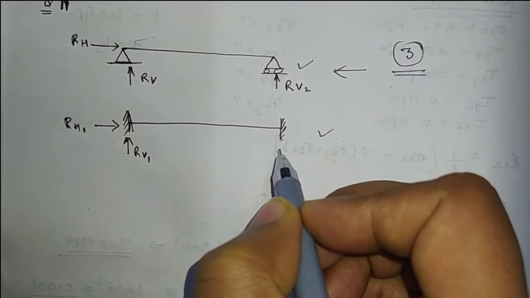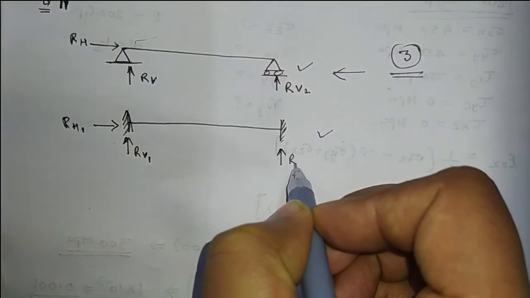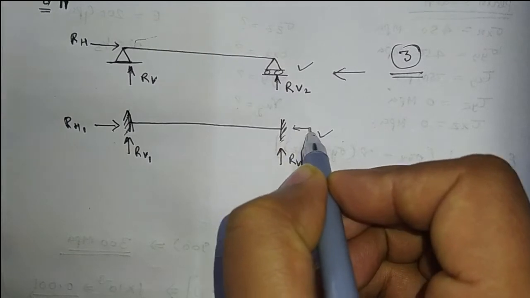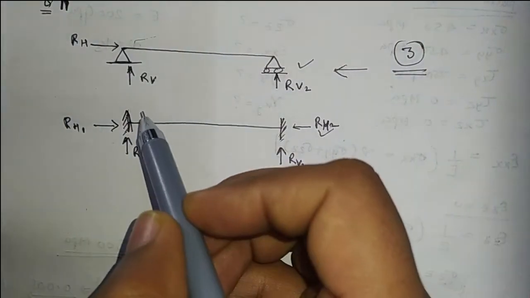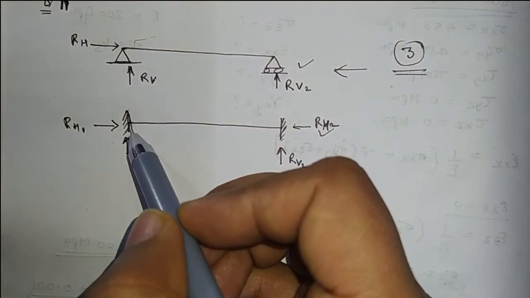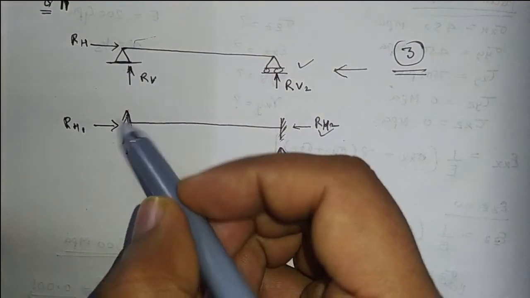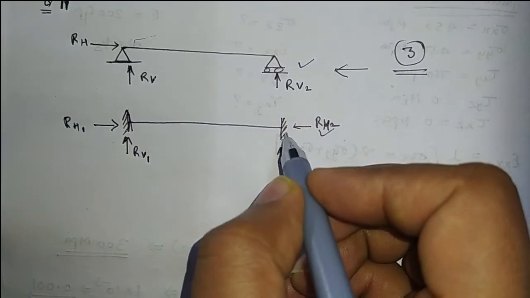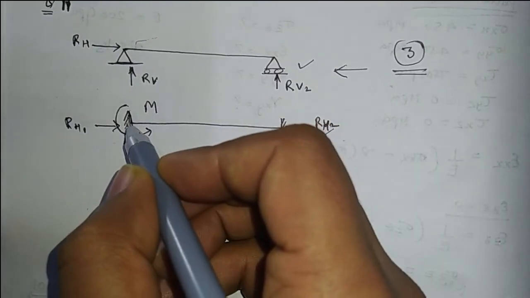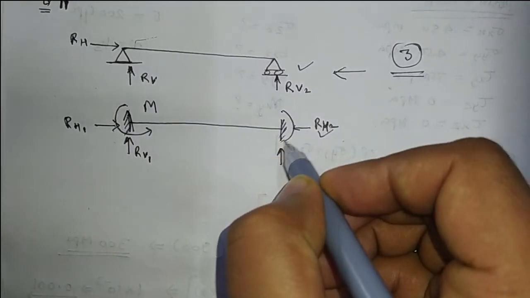Similarly here also, a vertical reaction and a horizontal reaction. Also, the fixed support does not allow the beam to rotate about the fixed point, so there is a reactive moment at the support. Here also.